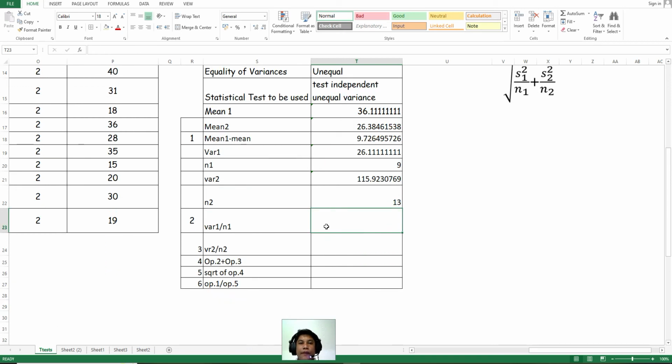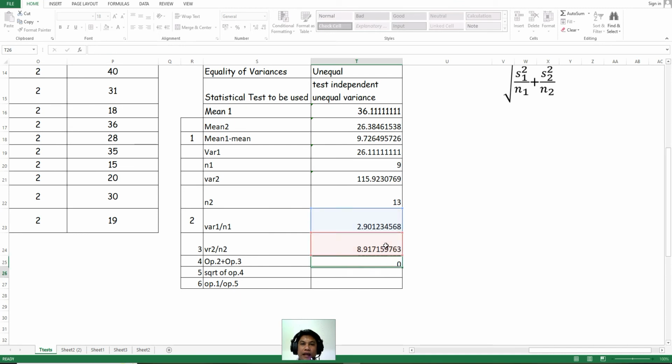And then the second operation is we divide the first variance by its n. So that is equal to first variance divided by n, which is 9. And then the third operation is we also divide the second variance by its n. And then the fourth operation is we add the results of the second operation and the third operation.